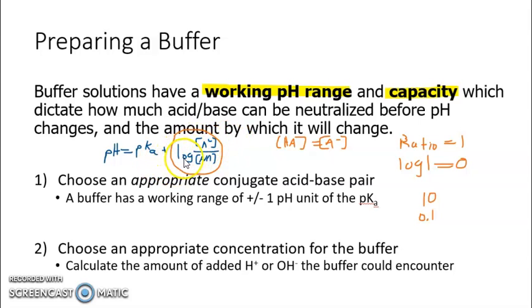So that's what determines the working range of the buffer. We can have 10 times as much conjugate base, or we can have 10 times less conjugate base, and the buffer will still hold. But if we move beyond 10 times above or 10 times below, then the buffer doesn't hold any longer. So that's where the working range of a buffer comes from. It's related to this ratio.